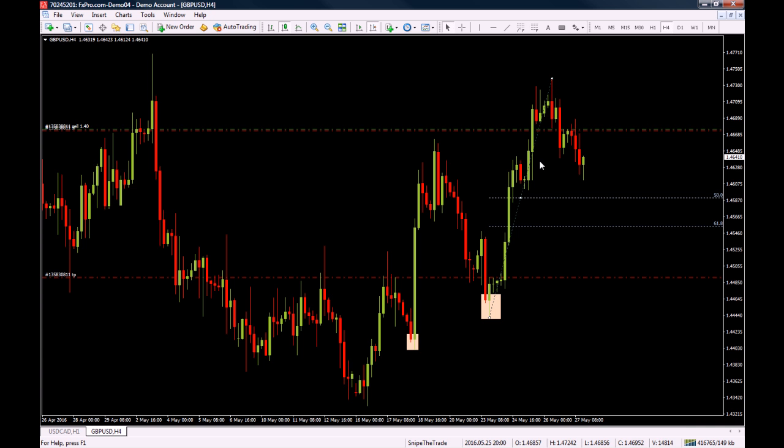And we are going to use the 50 and the 61.8, because remember, here we are trading a retracement on an ascending move. Retracements usually hit the 50% or the 61% before the move continues higher.